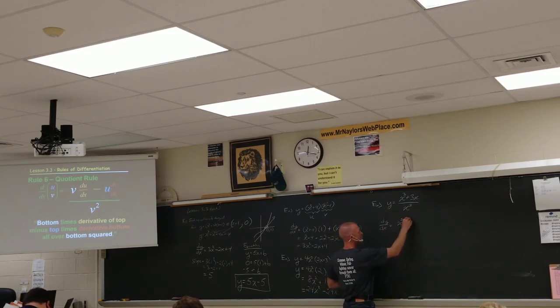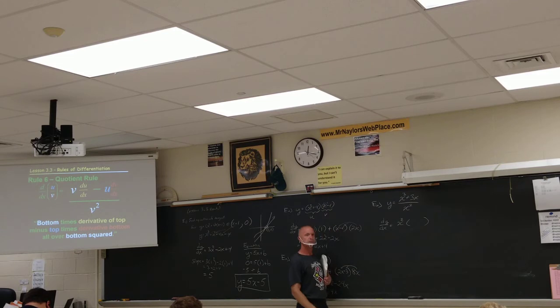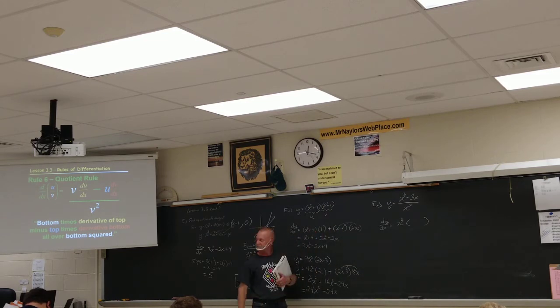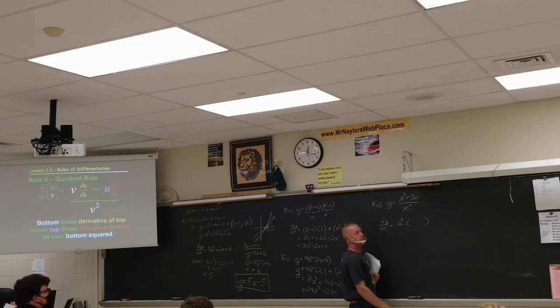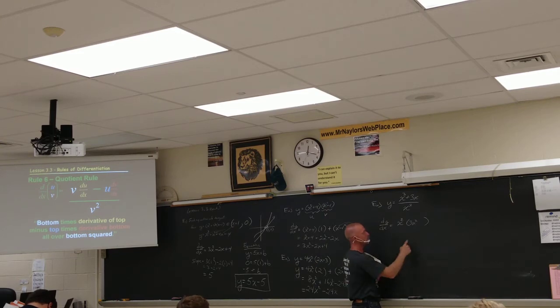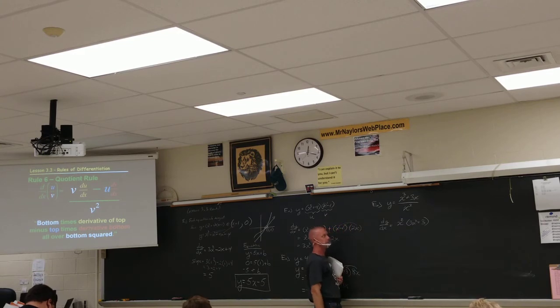So the bottom is x squared, times the derivative of the top. Okay, so you will do the derivative of the top. Make sure you bring the exponent down, so you get 3x squared, and then the derivative of 3x is just 3.